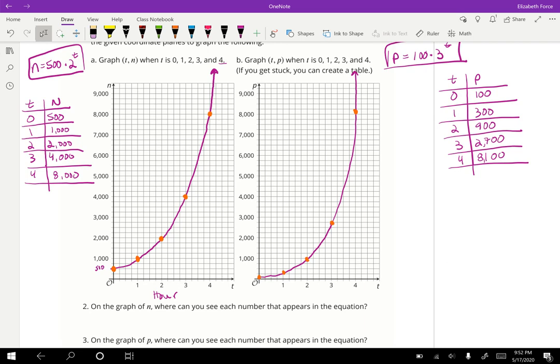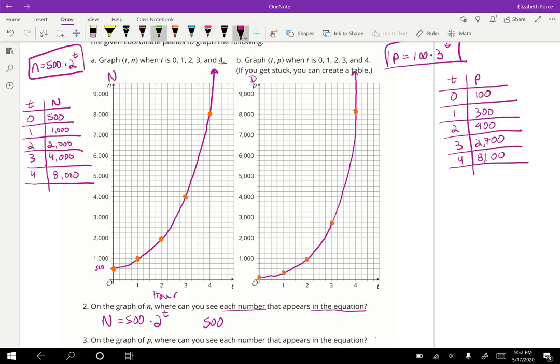Number 2 is asking, on the graph of N, so this is the graph of N, and this is the graph of P, where can you see each number that appears in the equation? So let's rewrite the equation. N equals 500 times 2 to the T. So where can you find each number? Where's the 500?